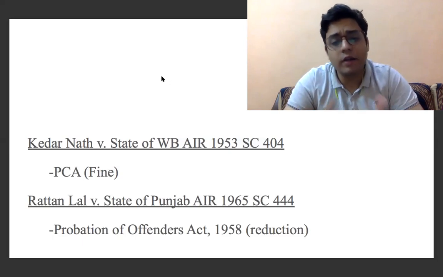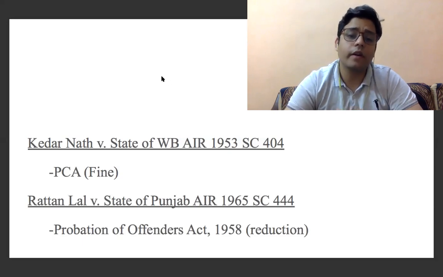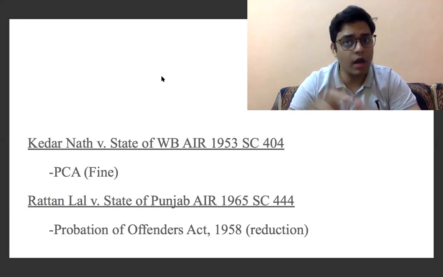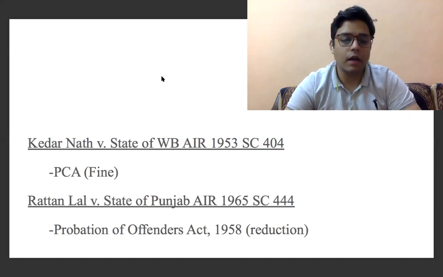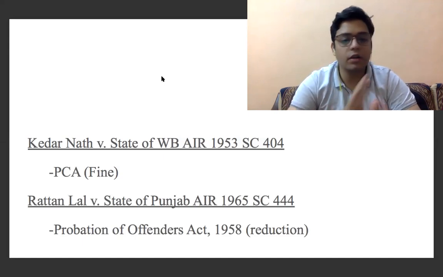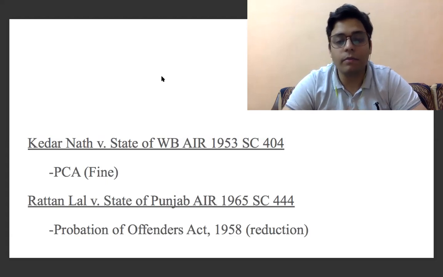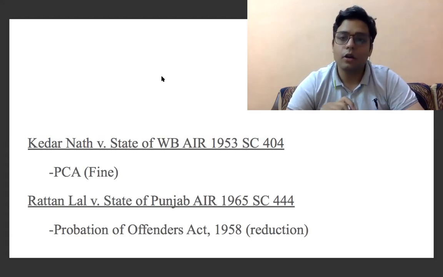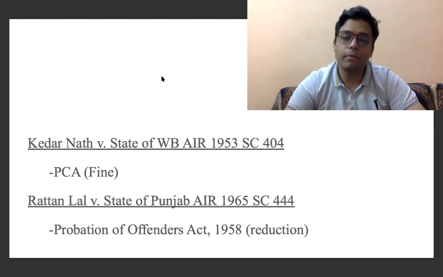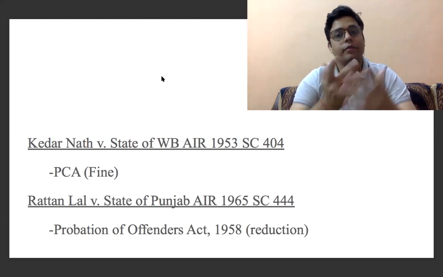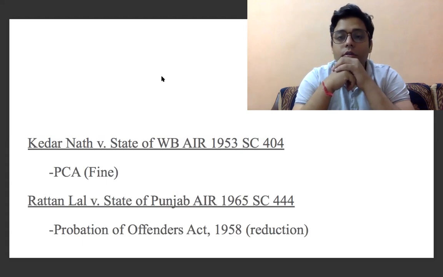Then an act was adopted, the Probation of Offenders Act 1958, after the commission of those acts. So that particular boy was in jail at that time. What this Probation of Offenders Act provided was that no person who is below the age of 18 years will be imprisoned. So that particular boy was in jail at that time.